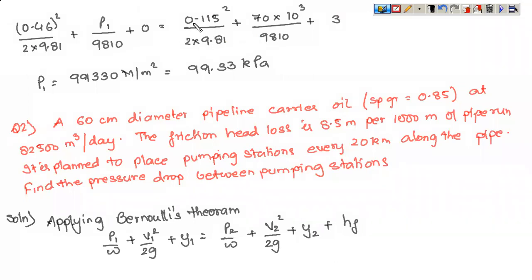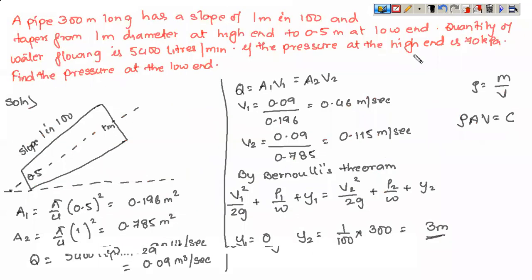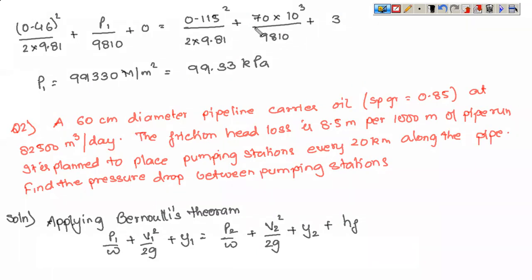This is equal to 0.115 square, this is exit velocity, divided by 2 into 9.81, plus the exit pressure. You can see that the pressure at the high end is 70 kilopascal. So this is 70 into 10 to the power 3 divided by 9810, plus 3 is the change in final height.